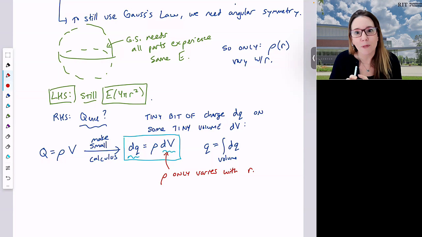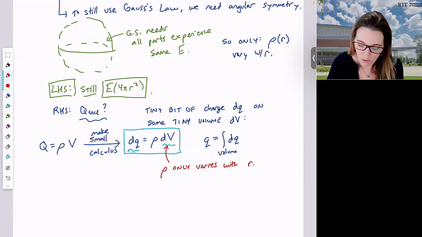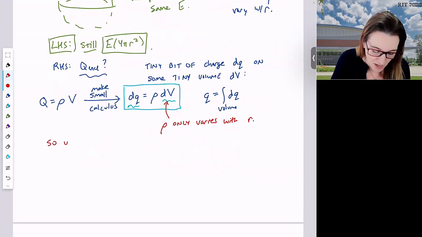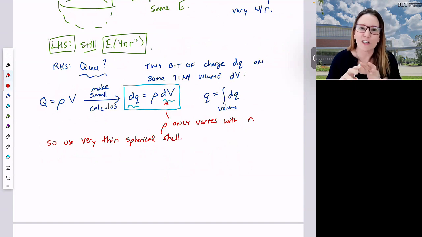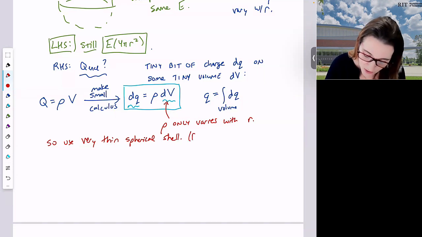So we can actually picture our volume, our dV, as a very thin spherical shell. I like to think about an onion layer with none of the onion inside of it, just that one onion layer. So you could picture a hollow onion layer.